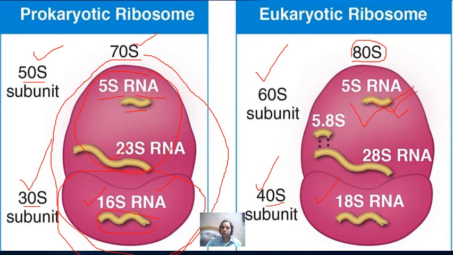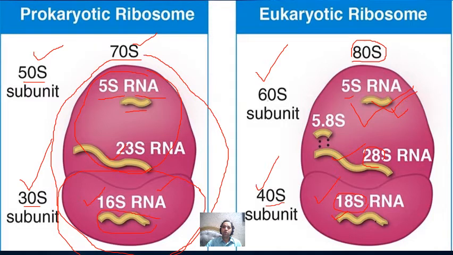This one is 5S, this one is 5.8S, and the larger piece of RNA will sediment at 28 Svedberg. Similarly, this smaller subunit has only one type of RNA, and it will sediment at the rate of 18S.